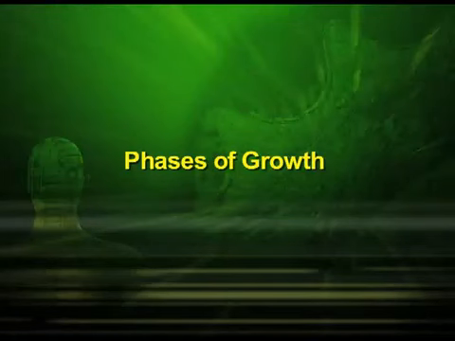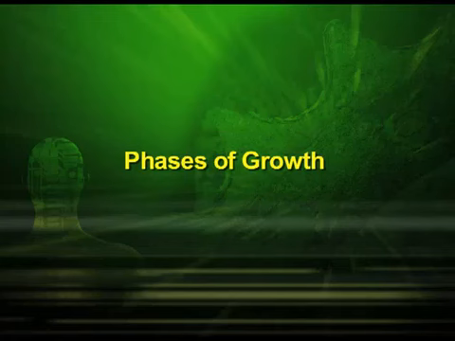It is not only one kind of growth which is happening all the time. There are different types of growth, and sometimes one kind of growth appears to be part of another growth. So, phases of growth are there. Then growth rates. The growth rate may be different in different areas of the plant.